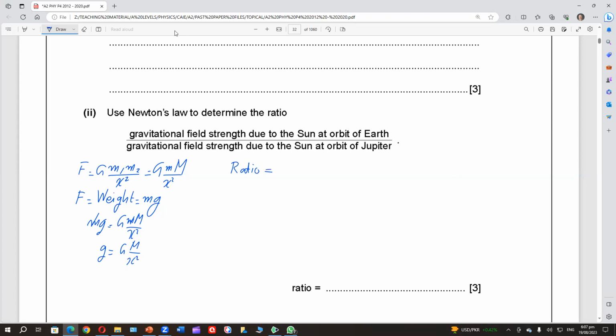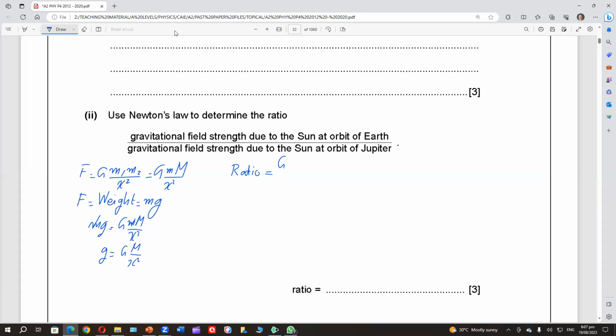Ratio is equal to g due to the sun. So GM upon x1 square upon GM upon x2 square. Because the sun is the same, I'm not changing the mass.